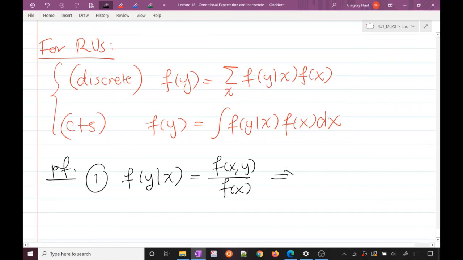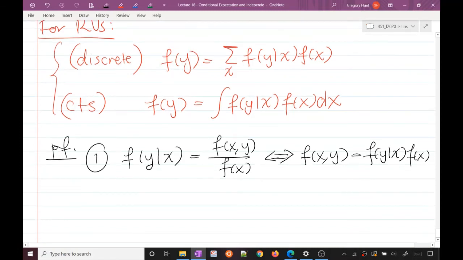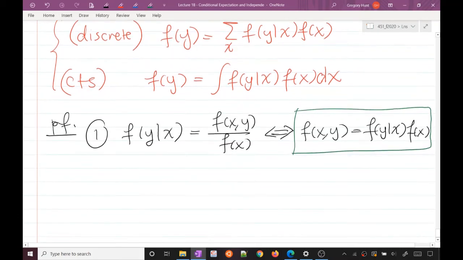And we could rearrange this to say that the joint fxy is the conditional f of y given x times the marginal fx. So this is a useful way of thinking about it. I'm going to put that in the box because it's a useful thing to remember.